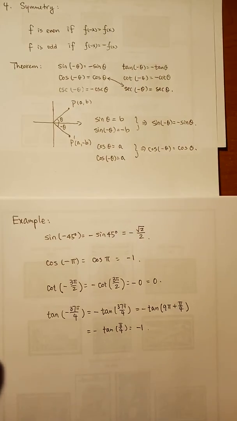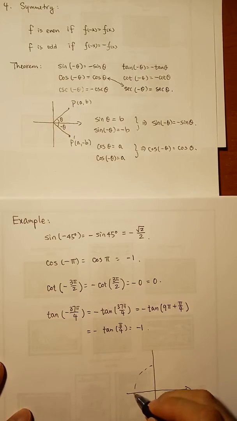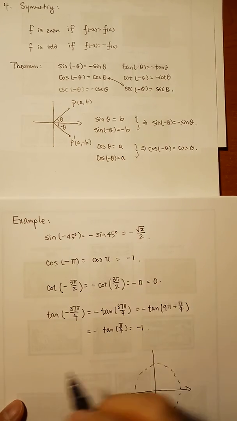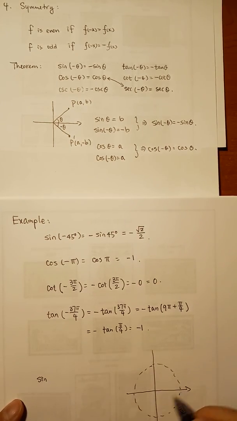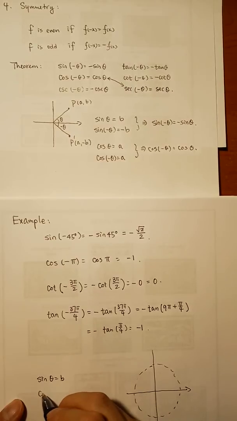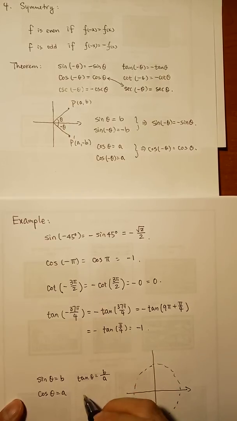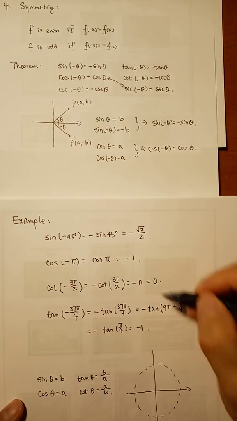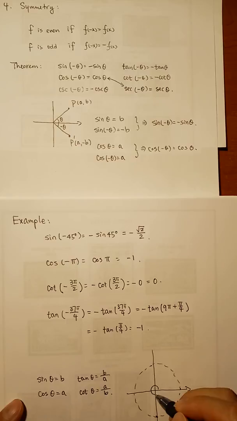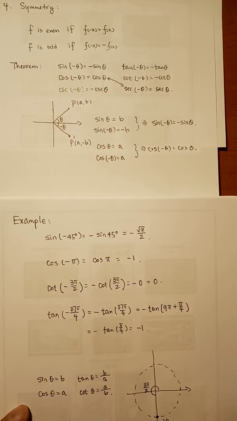Okay, so again, whenever you have no idea about this, try to memorize for the unit circle: sine theta is b, cosine theta is a, tangent theta is b over a, cotangent theta is a over b. This is 3 pi over 2. At this point, it has x coordinate 0, y coordinate negative 1.